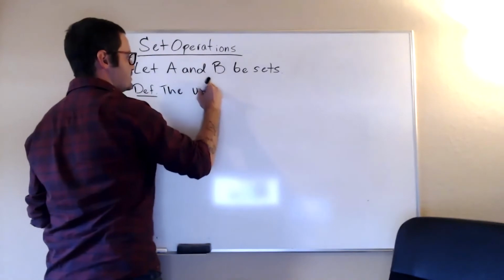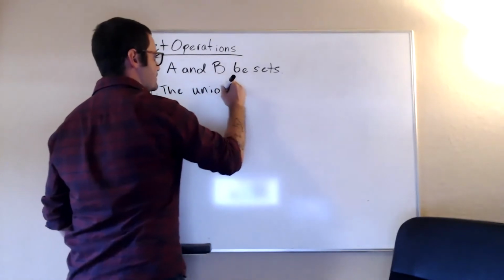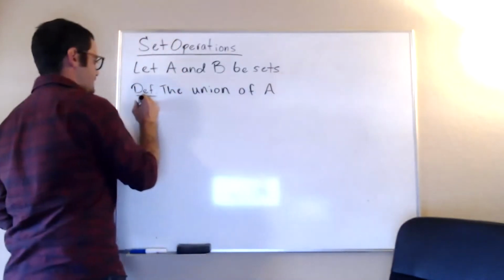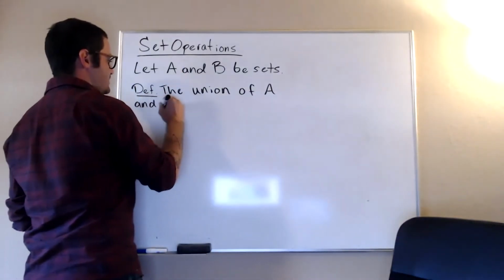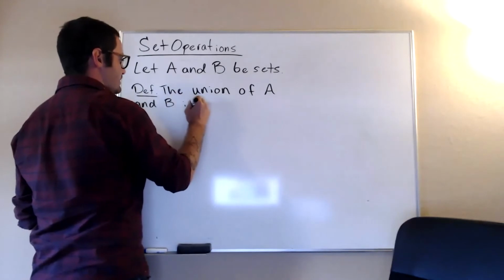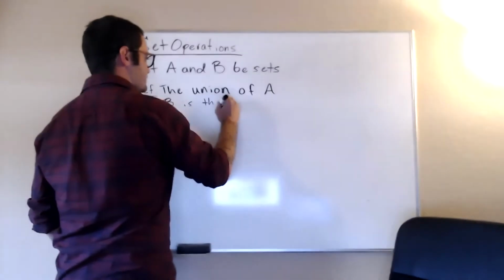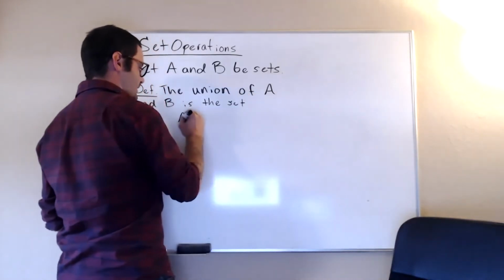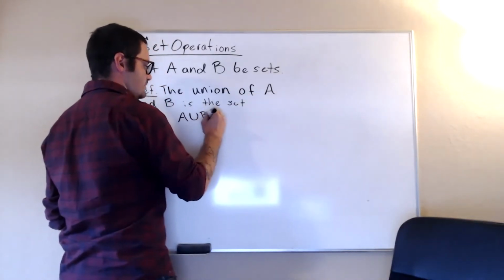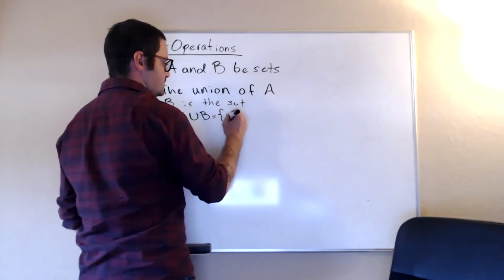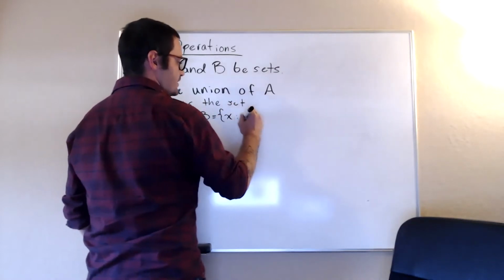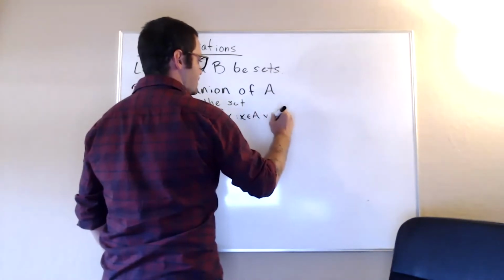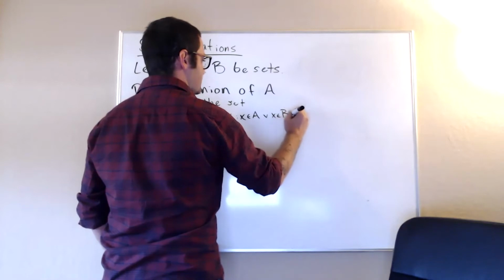So the union of A and B is the set A union B, which is equal to all X such that X is in A or X is in B.